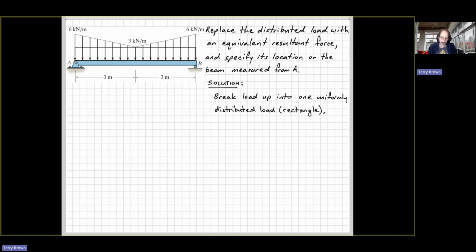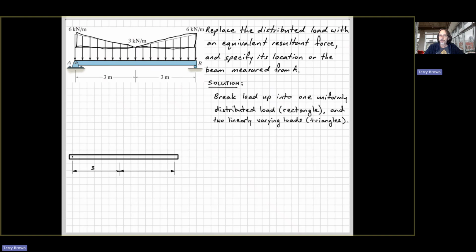You can see a rectangle there, and then a triangle on top, and then another triangle on top over here. So we've got three simple shapes, and we can just use the geometric properties of areas from tables in our textbook or other ones that you might be able to find online, and work through the problem.